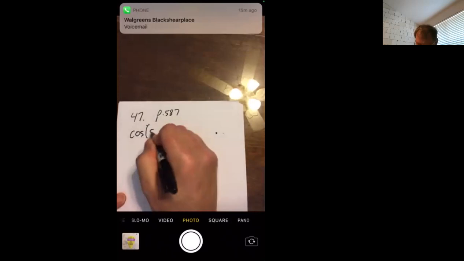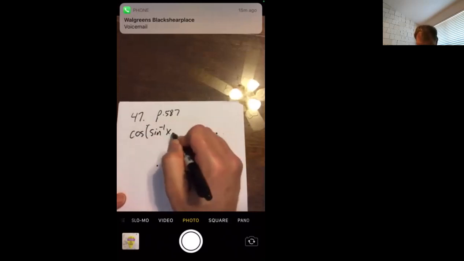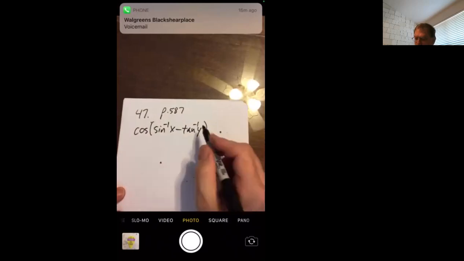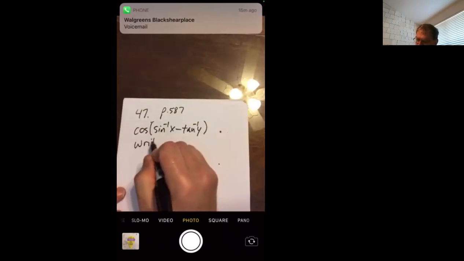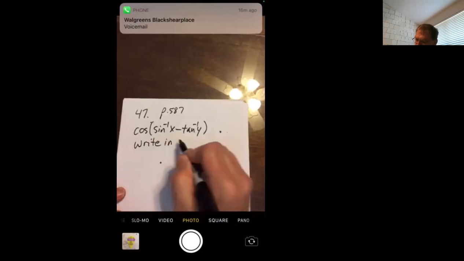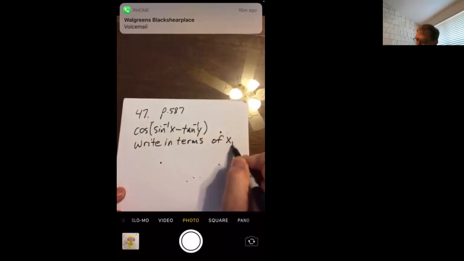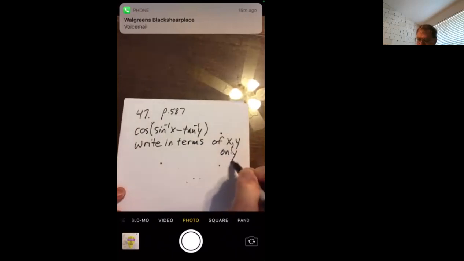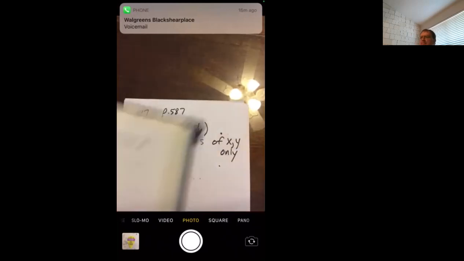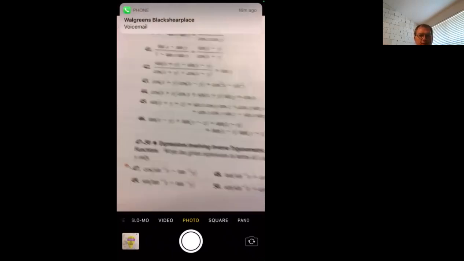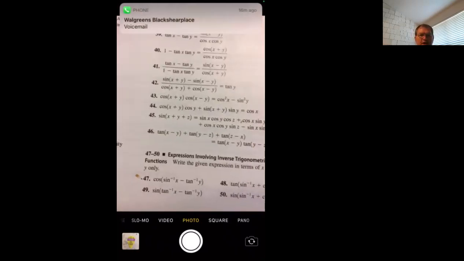Cosine of an arcsine of x and arctangent y. Write in terms of x, y only.